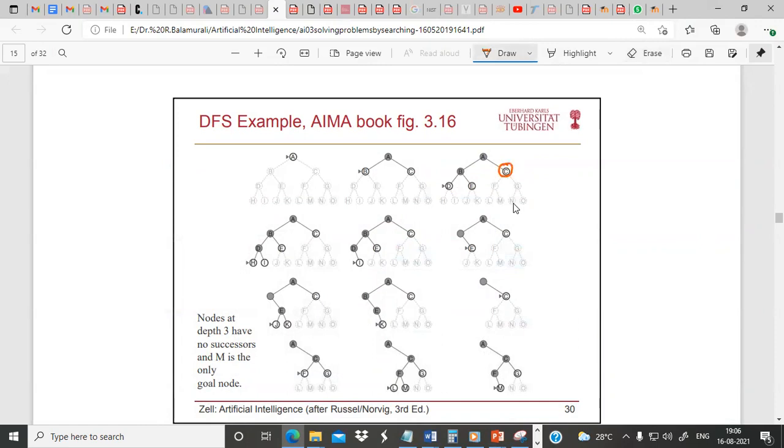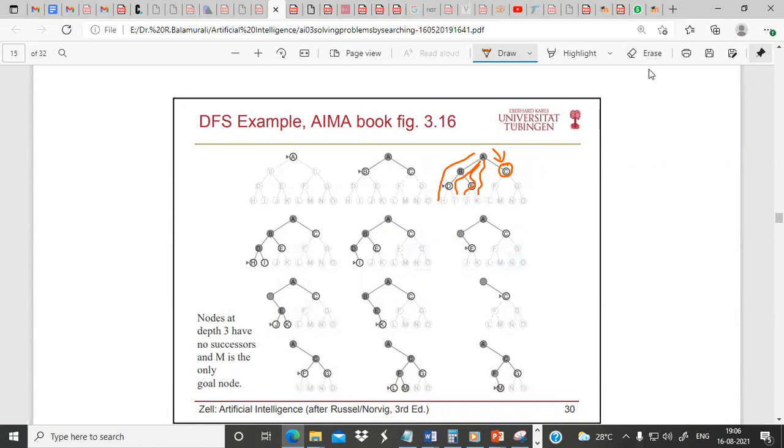But still, C is only at level 2. DFS will first explore all this path, then this path, then this path, then this path, and only then will it come to C. That is, it will explore the entire left subtree, and after that only it will come to C. So this is one of the major drawbacks of the DFS algorithm.